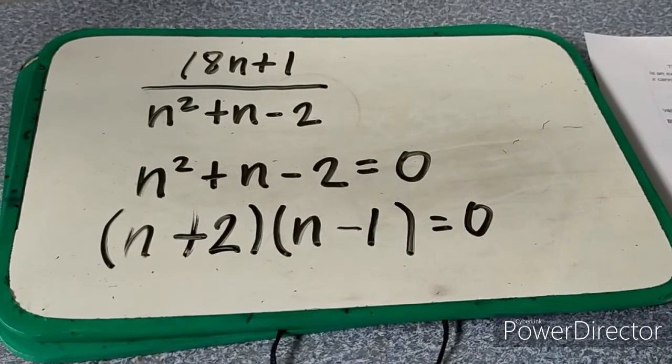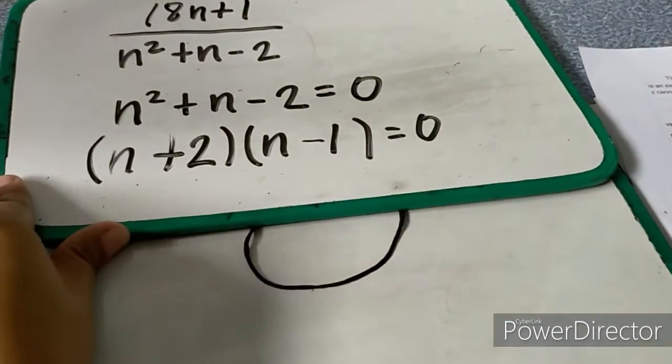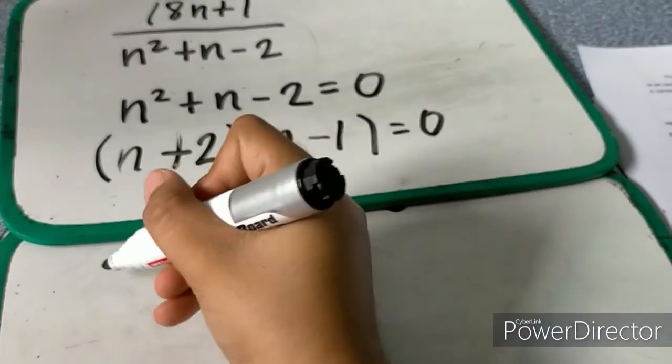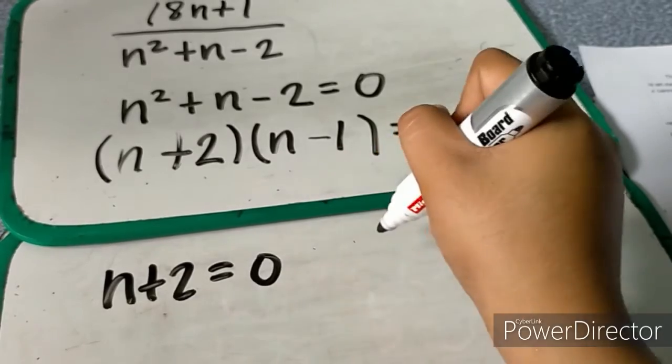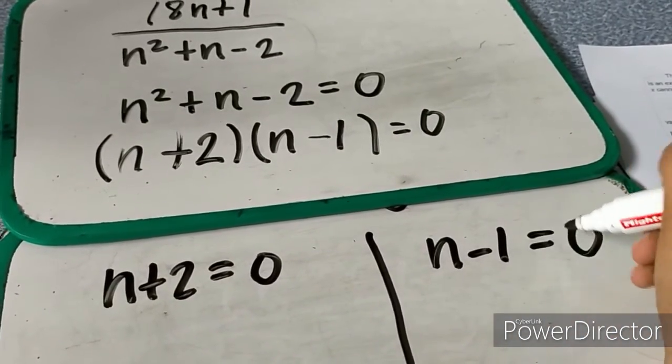And by the use of the zero product property, i-equate natin yung ating factor sa 0. n plus 2 is equal to 0. And n minus 1 is equal to 0.